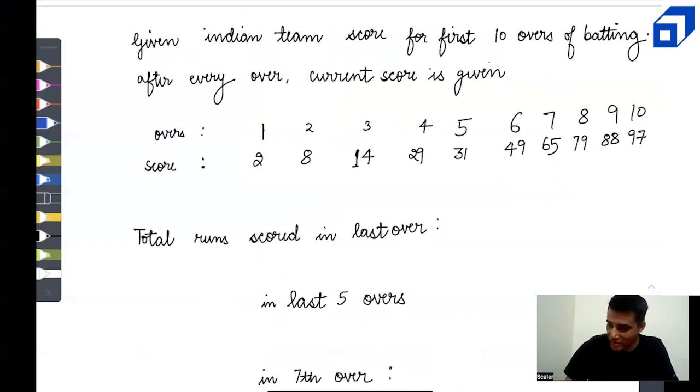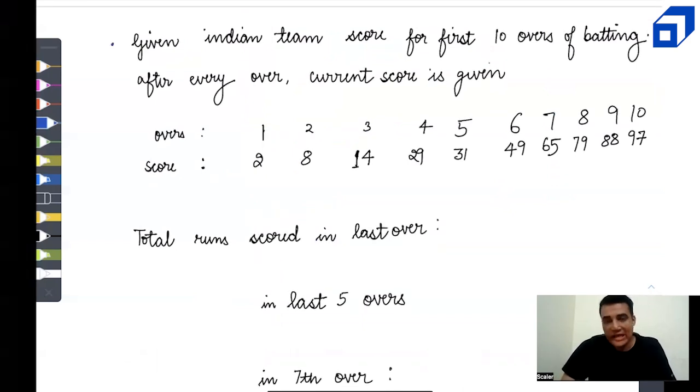Over here, I have given you the Indian team score for the first 10 overs. Look closely at how the scores are given. The scores are given in the form of total runs scored so far. This is the keyword over here.